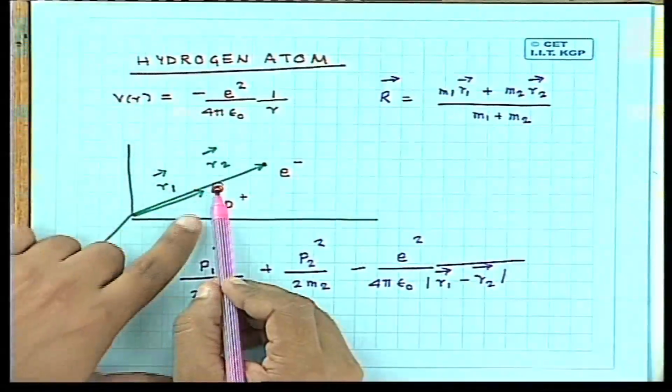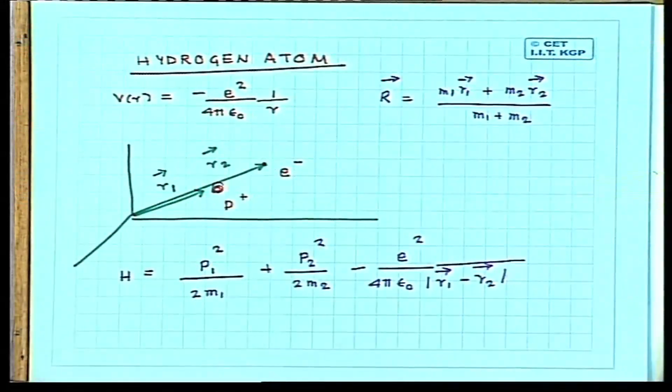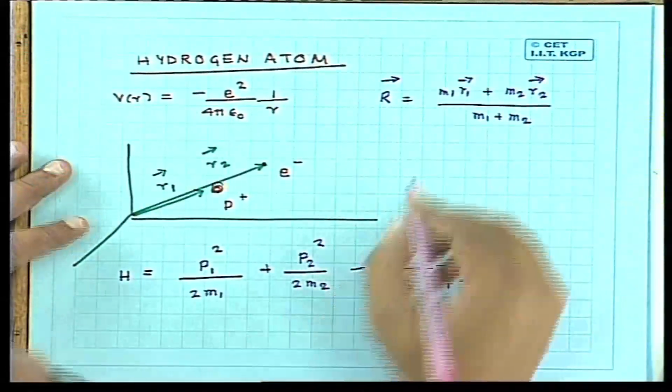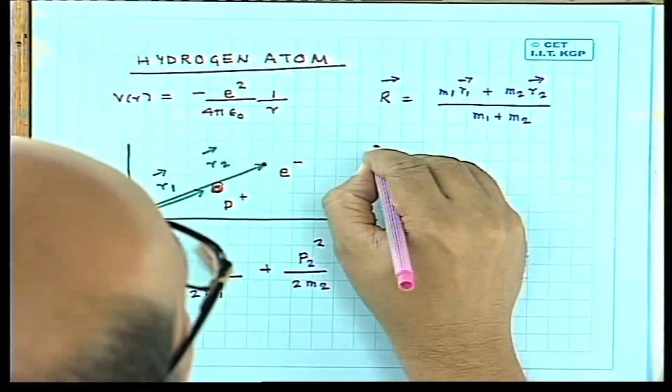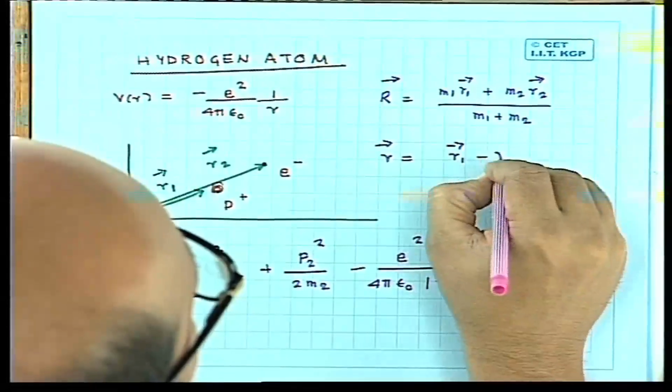Instead of using the two vectors r1 and r2 as the coordinates, we are introducing a different coordinate system. The coordinates we are going to choose are the position of the center of mass and the vector which is the difference of these two vectors, which is r equal to r1 minus r2.